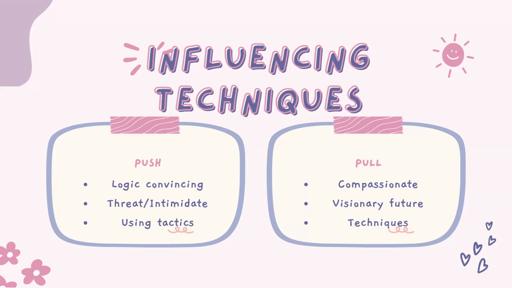That is push. Pull is gentle, indirect, and subtle. It may involve the use of empathy or a vision, or influencing techniques like framing, reframing, anchoring, and so on, or coalition as well.